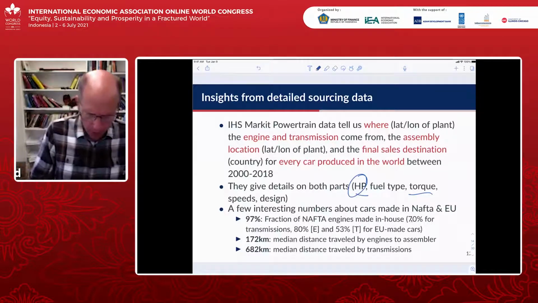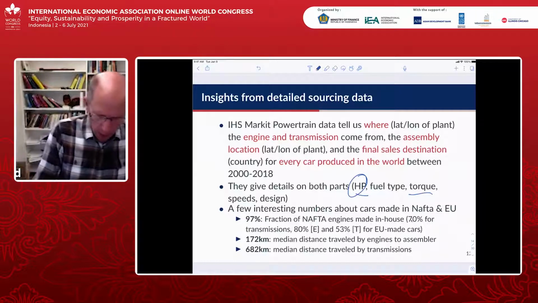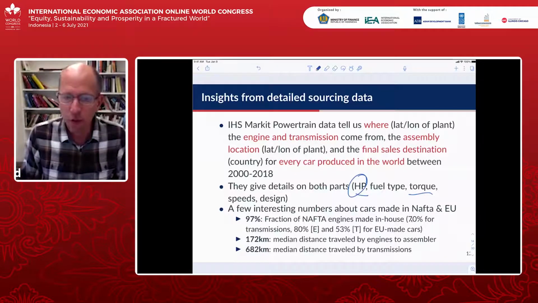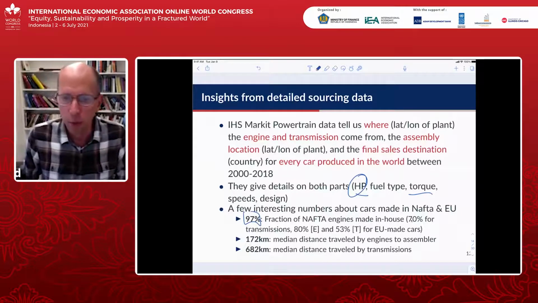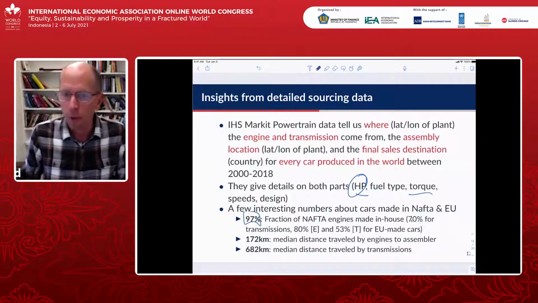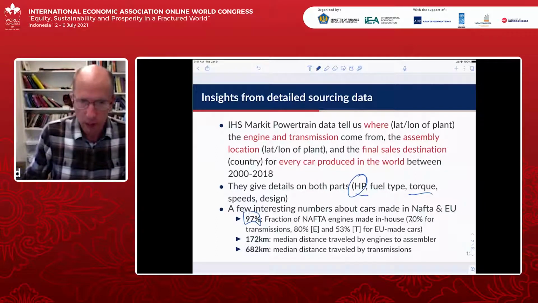So here's a couple interesting facts. First thing, when you're talking about engines, this is an in-house sort of situation. So don't think really about it being two firms negotiating with each other. This is almost always a firm sourcing from internally. This is a little bit less so in the European Union, by the way.